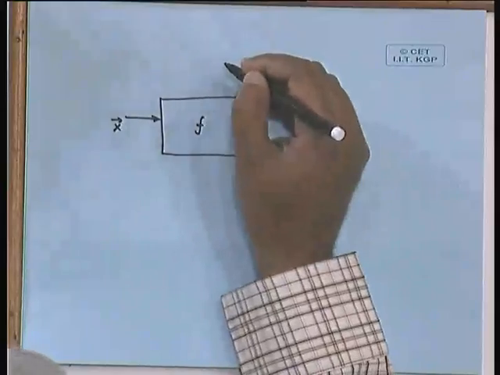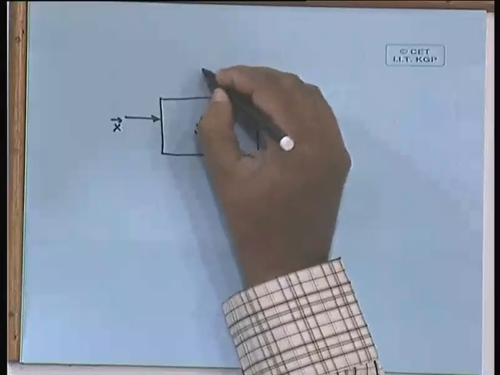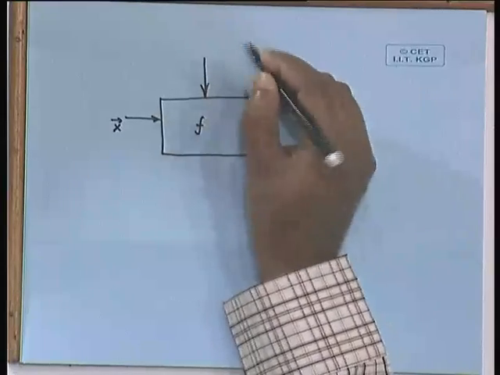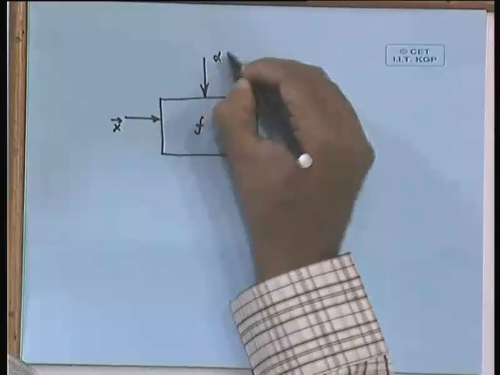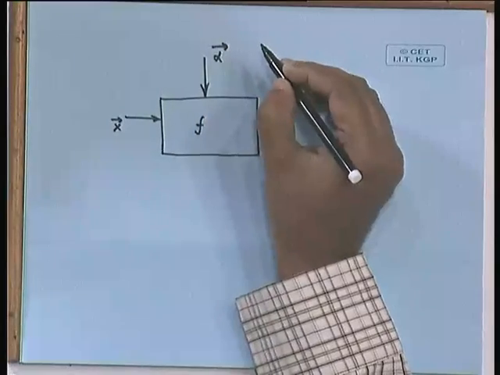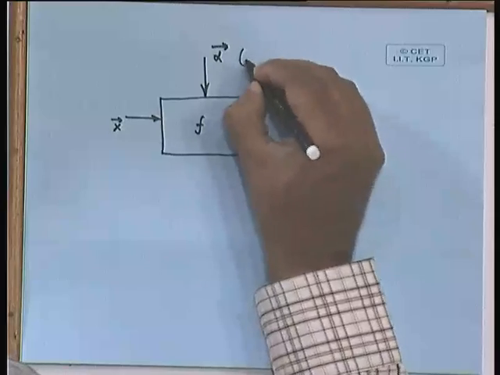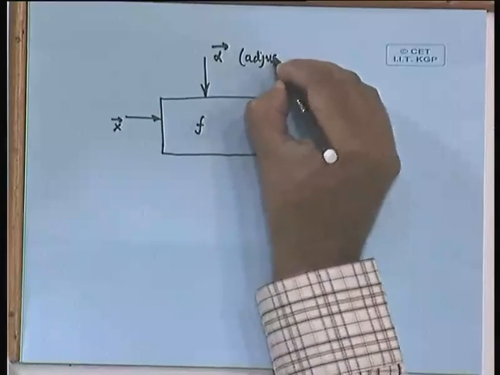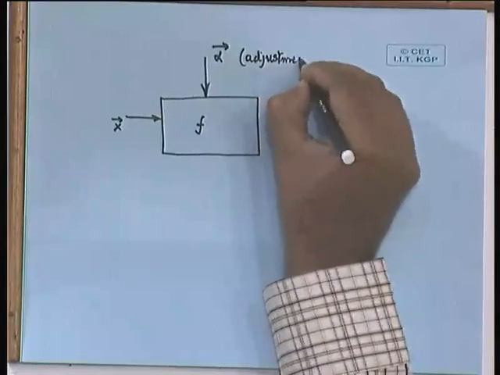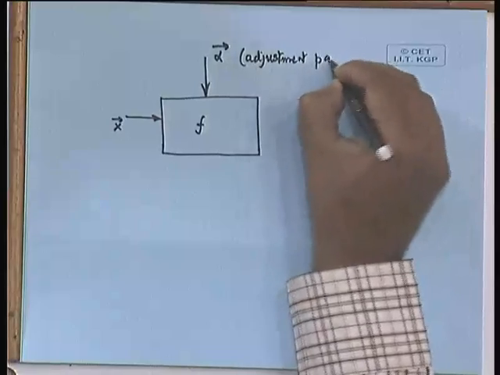In this case, we will be approximating this actual regression function f by the neural network function f of x, w, that is what we had discussed earlier. And this learning machine will be having a set of adjustable parameters. Let us say that we indicate that by alpha vector, which is nothing but the vector indicating the adjustment parameters.